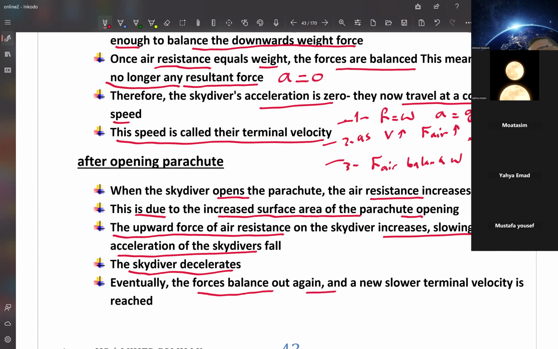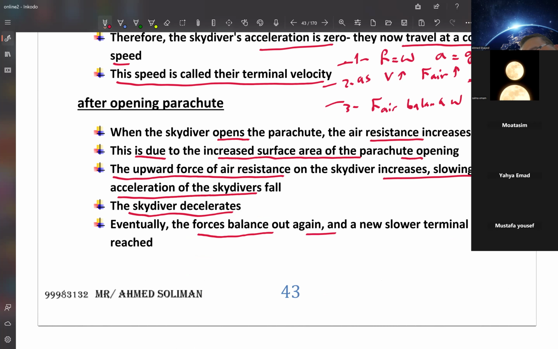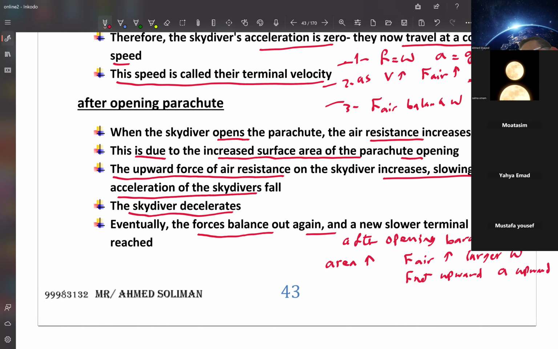If you want to make it easy for you, you can write, after opening parachute, what happened? Area increases, so air resistance increases, becoming larger than weight. So now resultant force will be upward, acceleration upward. What does it mean?